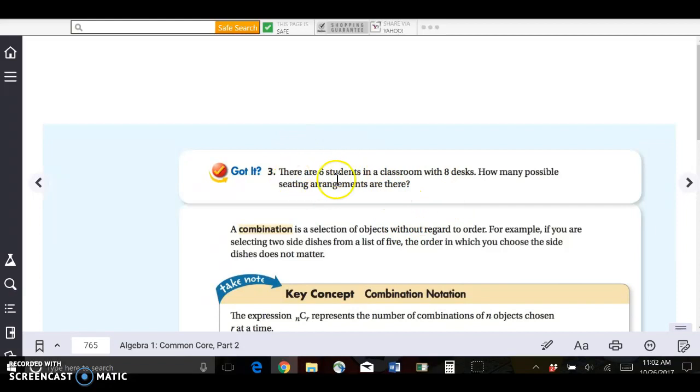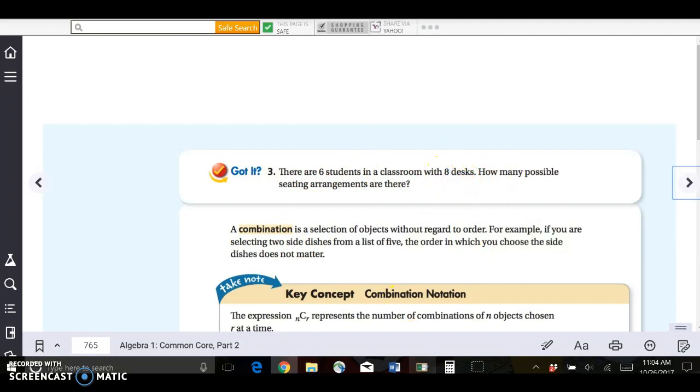We're arranging 6 students, right? So 6 students are going to be arranged in 8 desks. Okay, so a little hint. When I'm doing permutation, my largest number is always going to be my n.